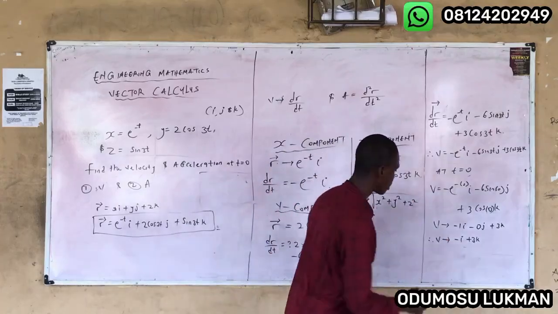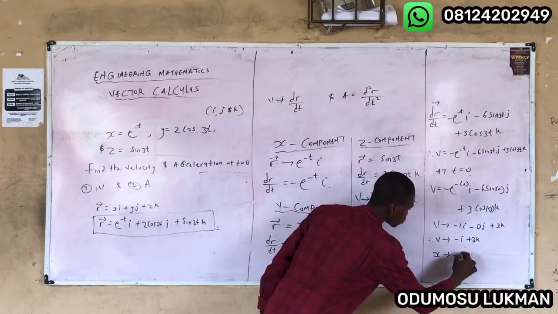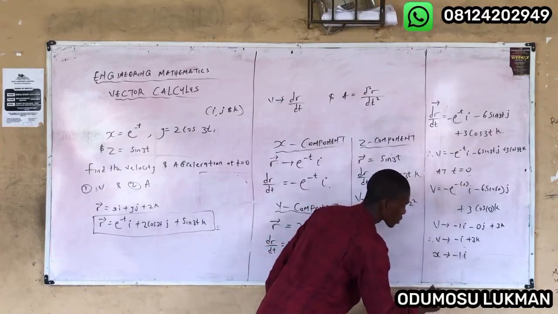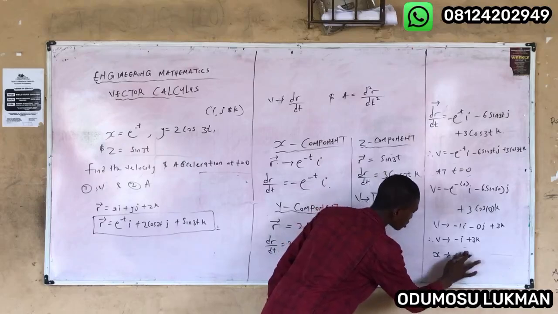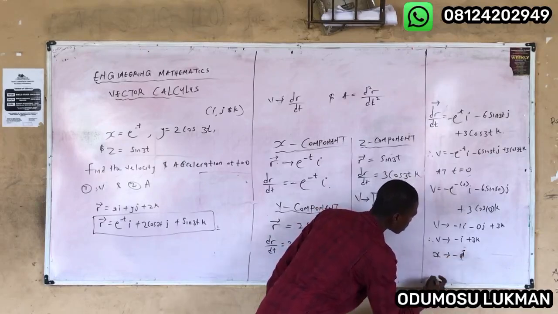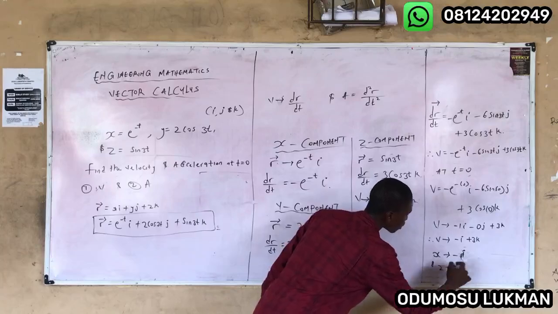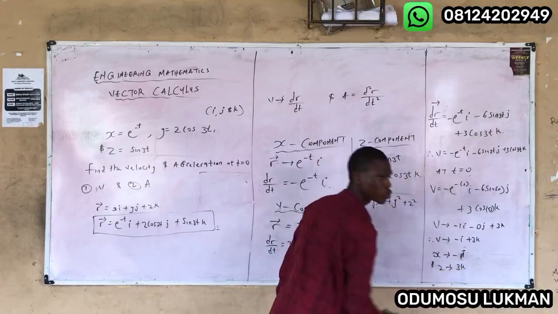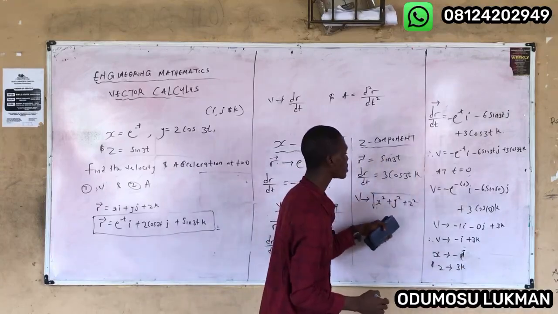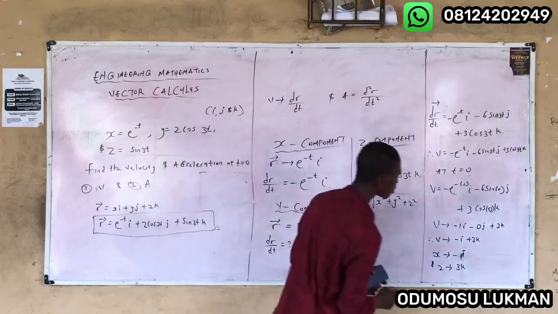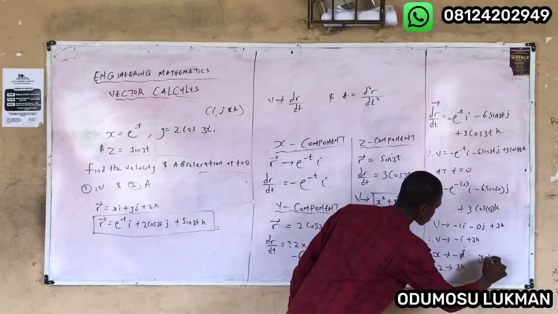But what we have here is that x is equal to minus 1i, or better still, minus i. We know that. Then for z, we have 3k.